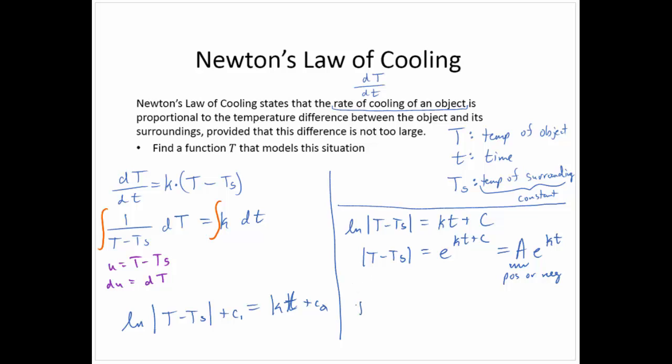And so I can write that T minus T sub S is simply A e to the kt, and now I can solve for T by adding the T sub S to both sides, and so T is equal to T sub S plus A e to the kt. And so this model can be used to represent Newton's law of cooling.